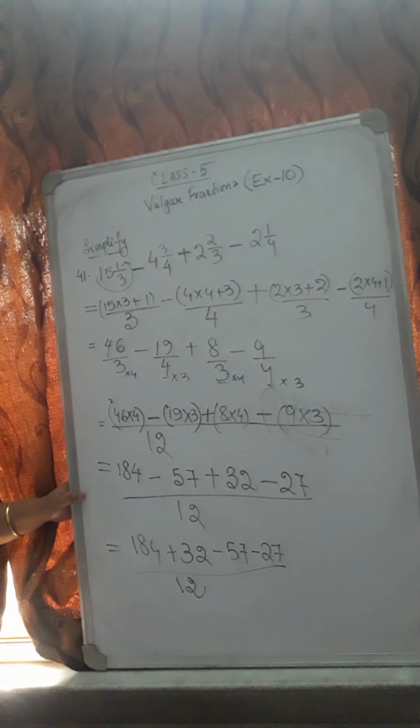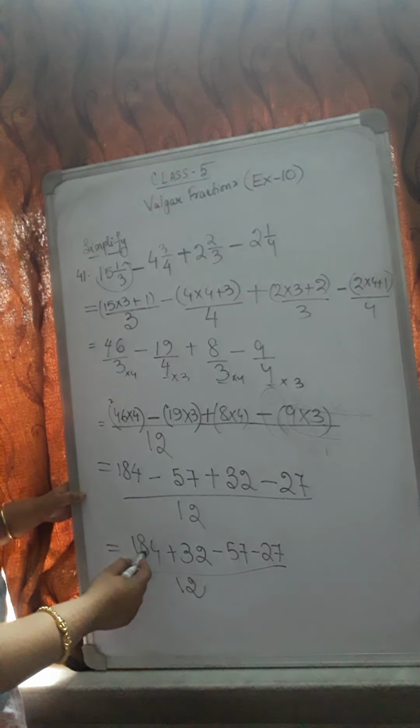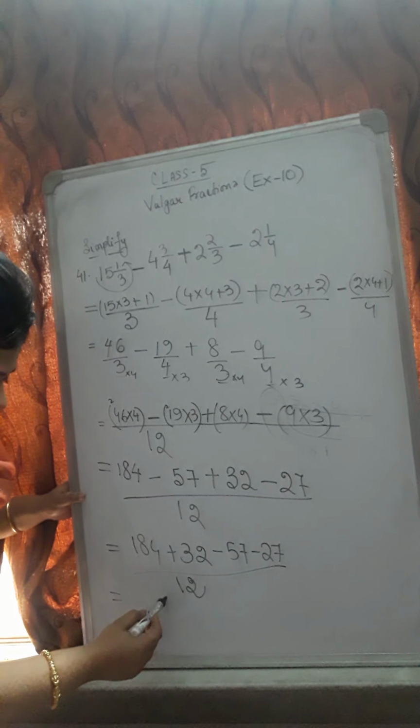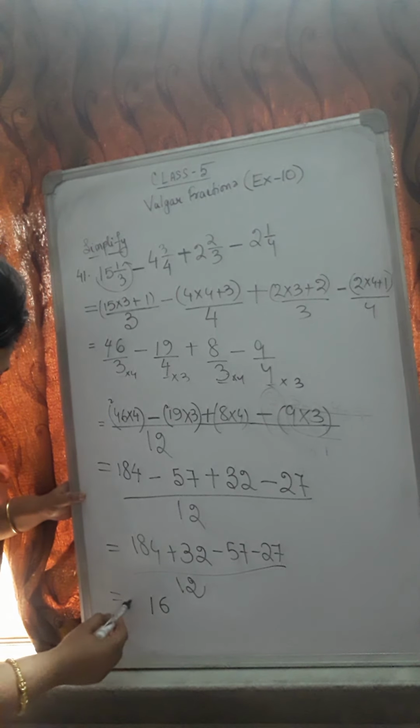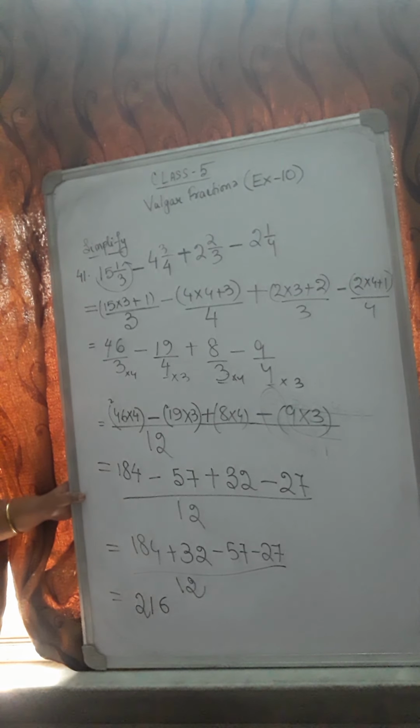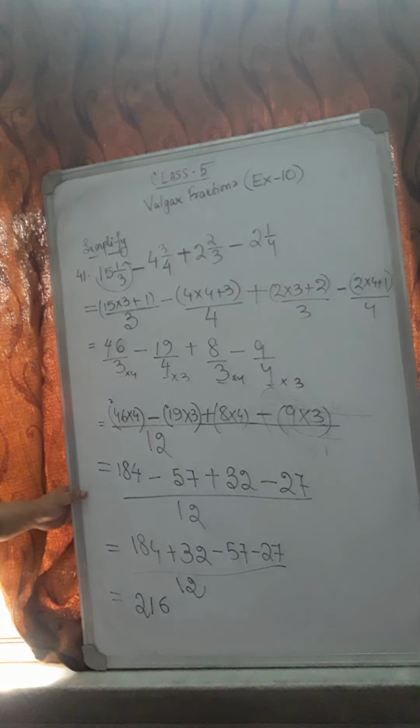Now next step is 184 plus 32. It gives you how much? Calculate. 216.